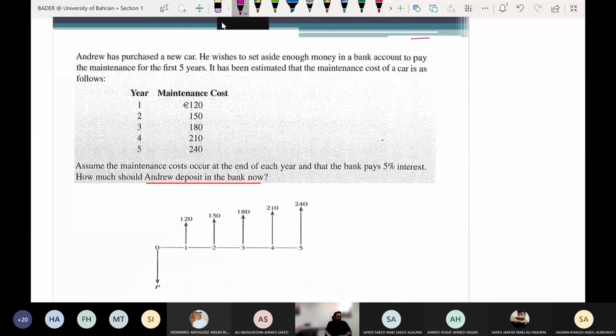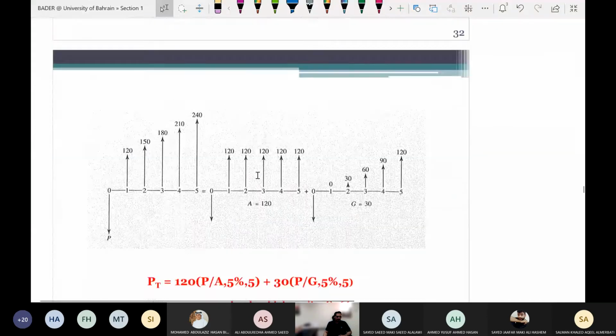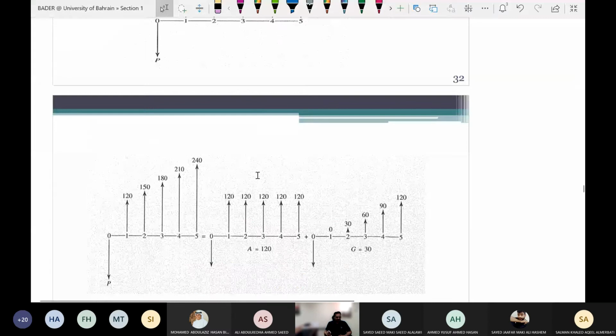Okay, guys. So let's break it down. What just happened? We have certain students who would like to understand it in greater depth. I have two components. So if I'm going to draw the cash flow in 3 dimensions, this is component number 1, and this is component number 2.